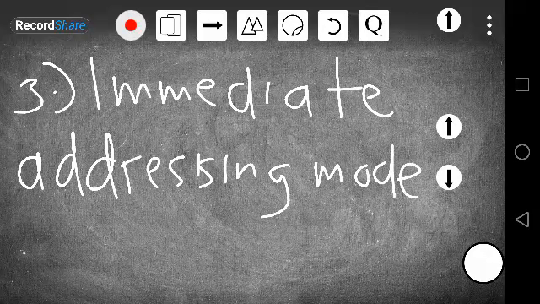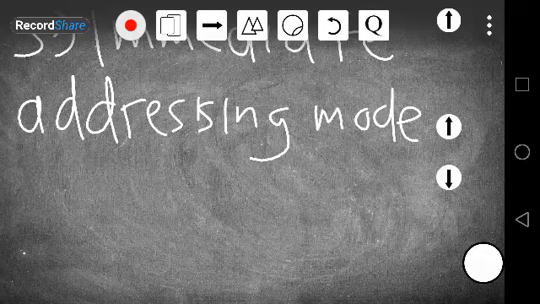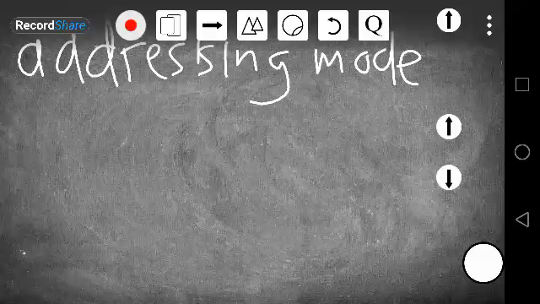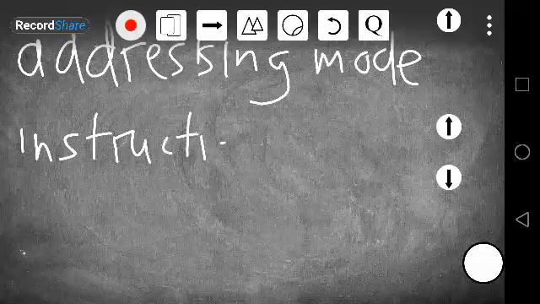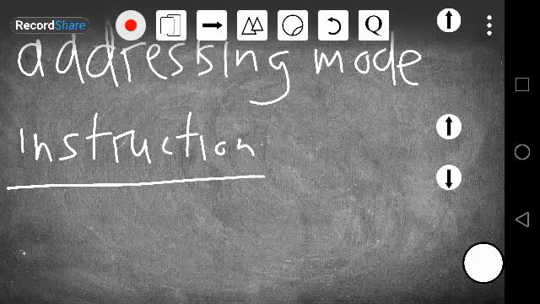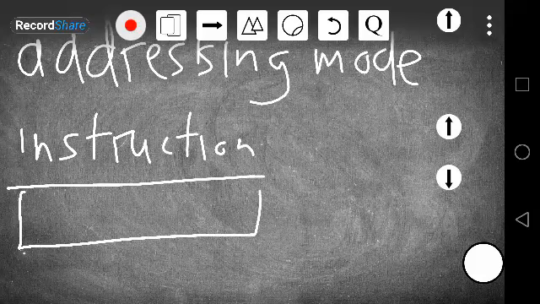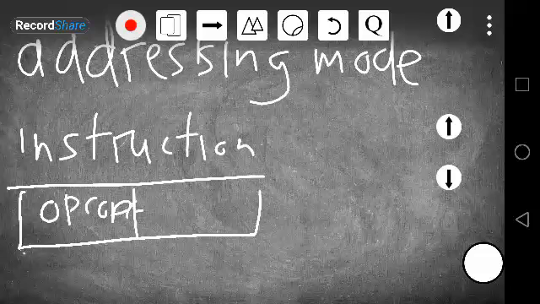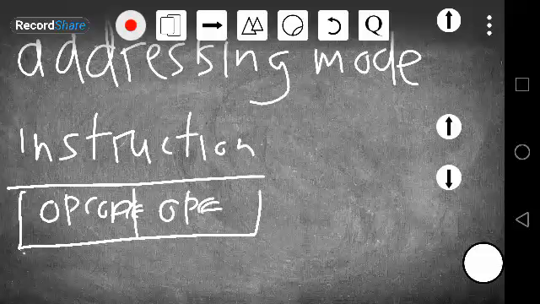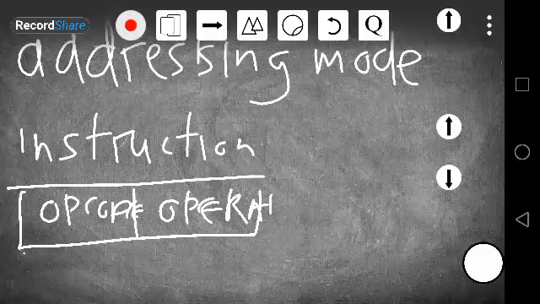So in immediate addressing mode, the instruction has an operand field rather than an address field. Okay, so we are saying the instruction is like this: the opcode, and instead of writing the address here, there is the actual operand itself, or the actual data.